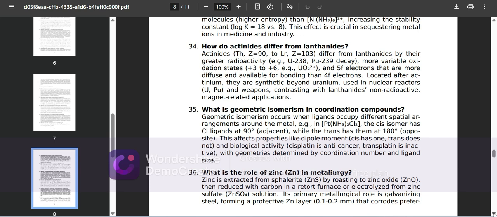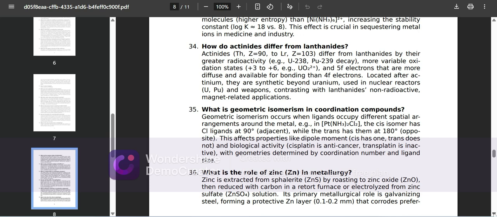How do actinides differ from lanthanides? Actinides, thorium Z equals 90 to lawrencium Z equals 103, differ from lanthanides by their greater radioactivity. Example: uranium-238, plutonium-239. They have more variable oxidation states, plus 3 to plus 6.